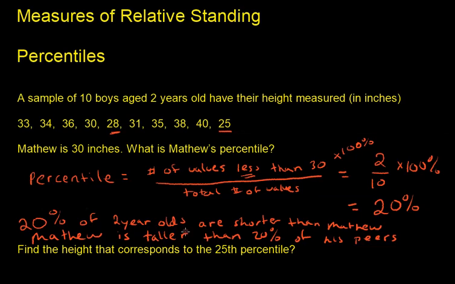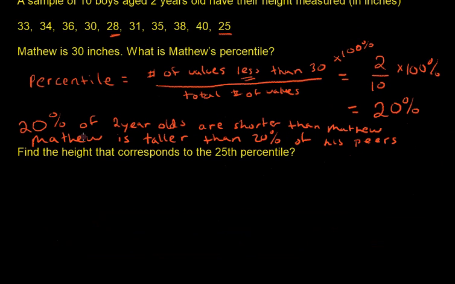So what if we want to find the height that corresponds to a particular percentile? Say we want to find the height that corresponds to being in the 25th percentile. There's a nice little equation to help us calculate this.